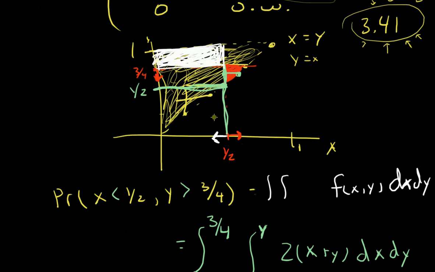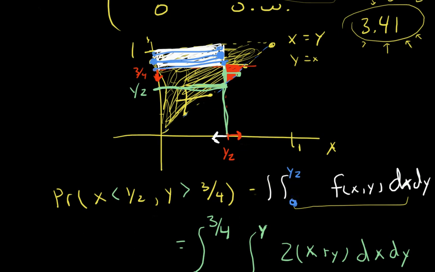So when I'm thinking about the bounds for x, where does x go? Let me use a different color. X travels from 0 until we get to 1/2. It's not going to this line here, so it's never depending on y. No matter where on this rectangle, it goes from 0 to 1/2.